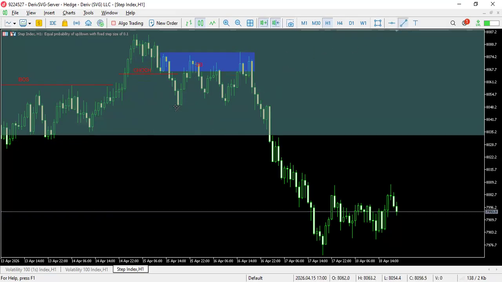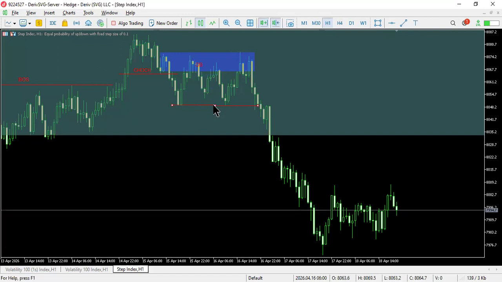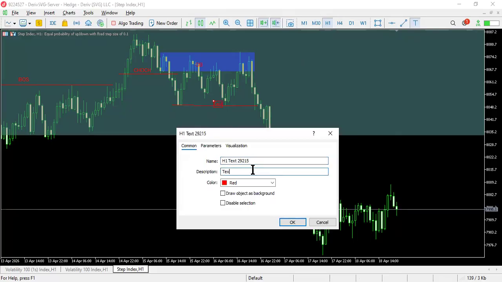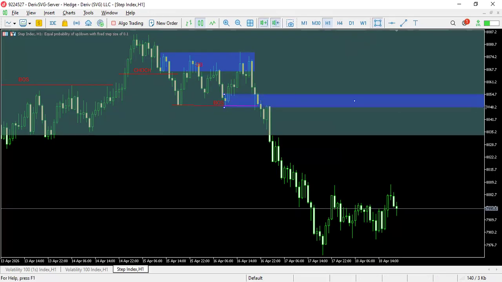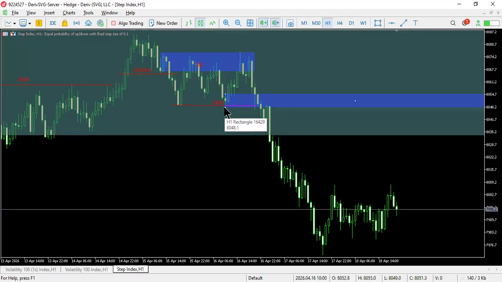And then right here, we have a break of structure. So we have a break of structure, and then the order block which caused the break of structure, it is this order block. It is that order block right there.